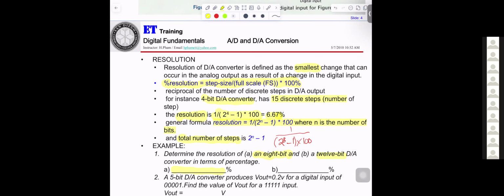And another one. A 5-bit DA converter produces VO equal 0.2 volt for digital input of 0001. Find the value of VO for a 1 input. How do we calculate that?